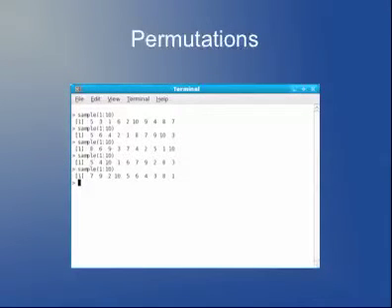Recall permutations. I think I've discussed this at some point, and you may have seen this outside of class, but the basic idea behind a permutation is you keep the same numbers, but you just scramble the order. So this slide shows an example of a couple of permutations of the numbers 1 through 10.